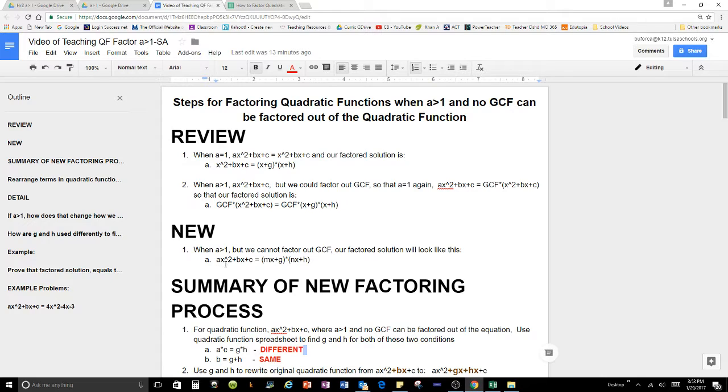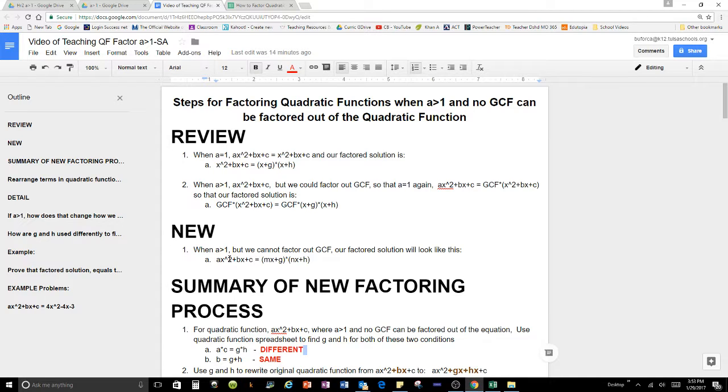There are lots of equations like that, where there's an a value in front of x squared such that when you divide it into b and into c, it won't divide evenly, and therefore we can't pull it out.